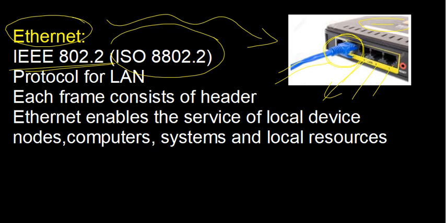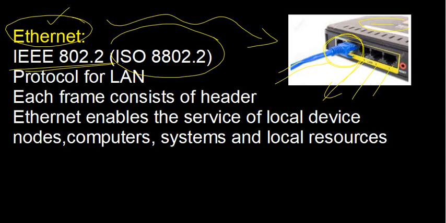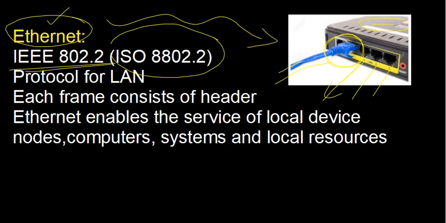So IEEE 802.2 as well as ISO 8802.2, both these protocols specify what is to be followed in our Ethernet communication. It is basically the protocol for the local area network.